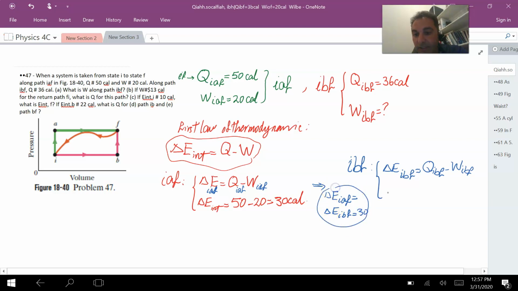This is my key here. Therefore, I'm going to substitute 30 equals Q IBF, which is 36. Work done in IBF is unknown. Therefore, they want me to find W. So W IBF will be 36 minus 30, which is 6 calorie.